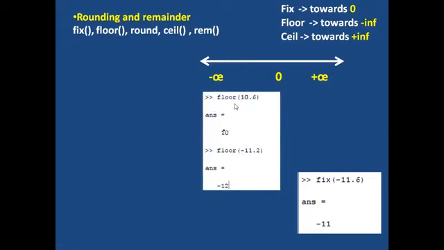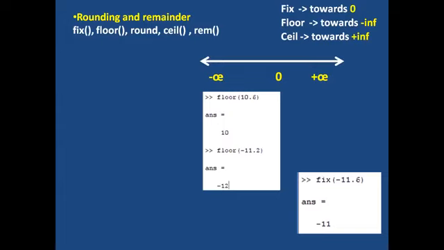And then floor of 10.6. Floor will move towards minus infinity. I have given 10.6, so we have 0, then 10, 10.6, and then 11. The floor will move towards minus infinity, in this direction.